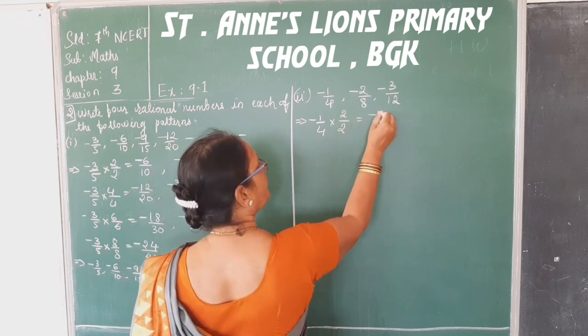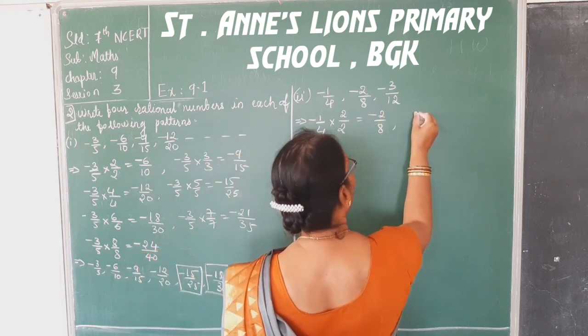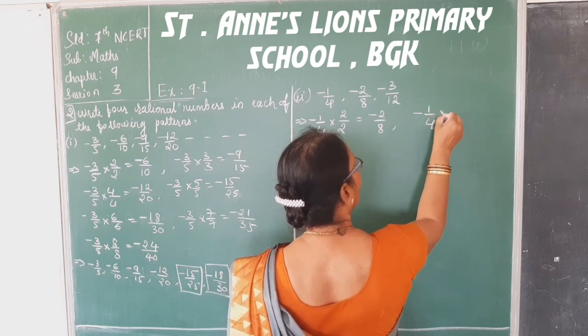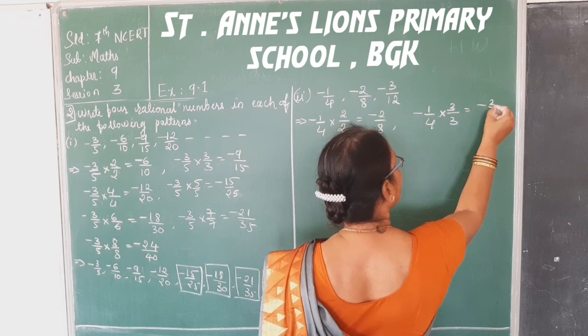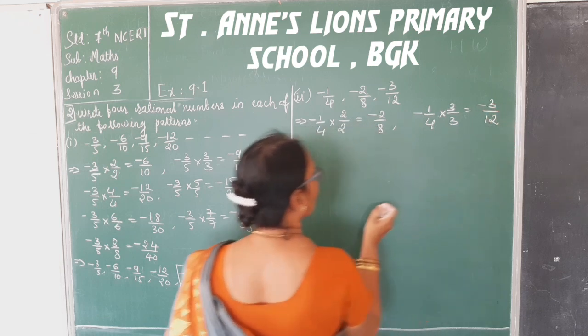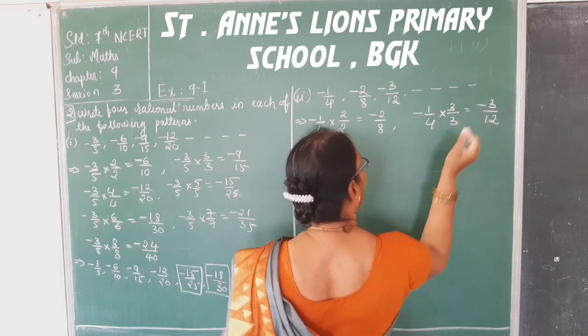So this is nothing but minus 2 by 8 we have got. Then the same way minus 1 by 4 is multiplied by 3 by 3, we will get minus 3 by 12. Okay, next 4 we have to write like this, 1, 2, 3, 4.